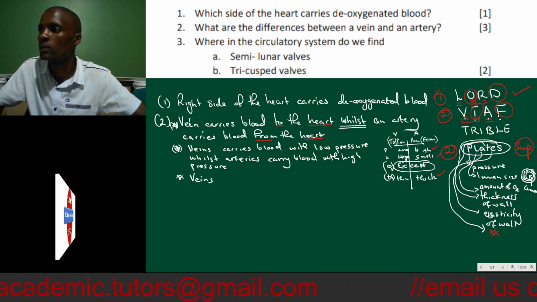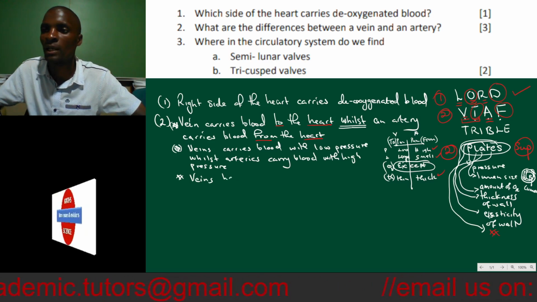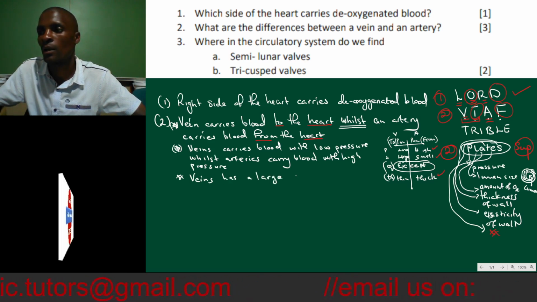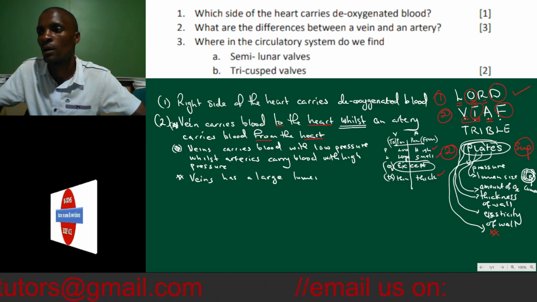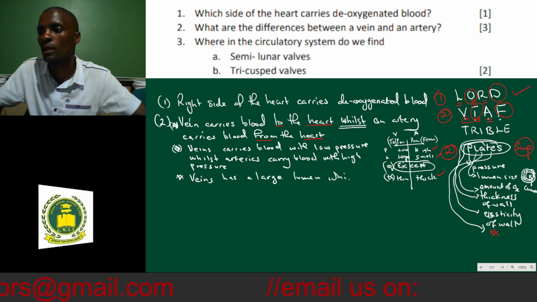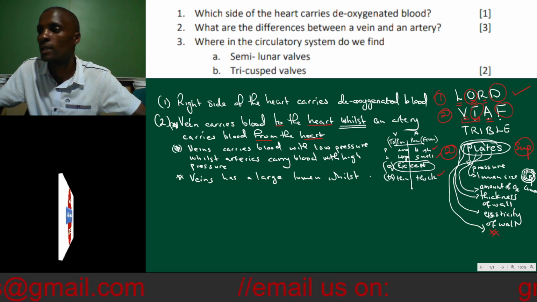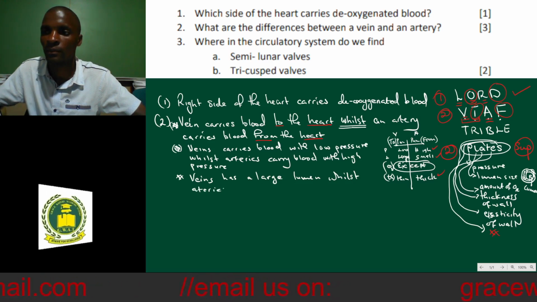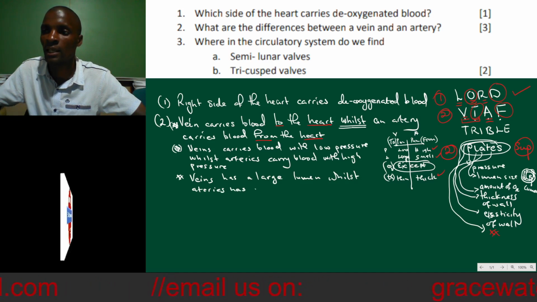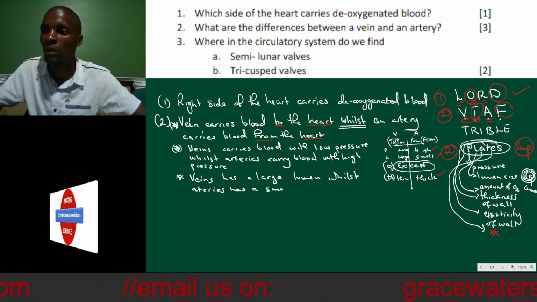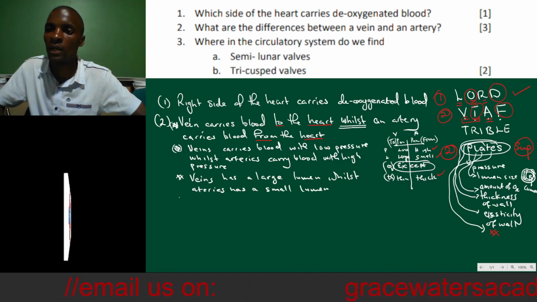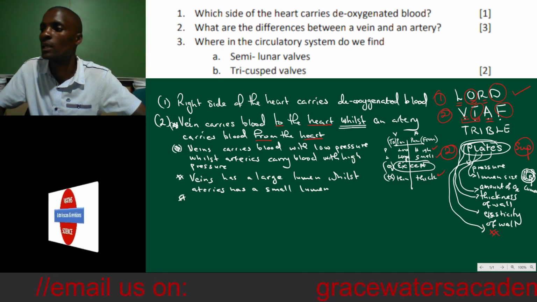Okay, under veins we see there is a large lumen, whilst arteries have a small lumen. Okay, and then automatically we are done with those three.